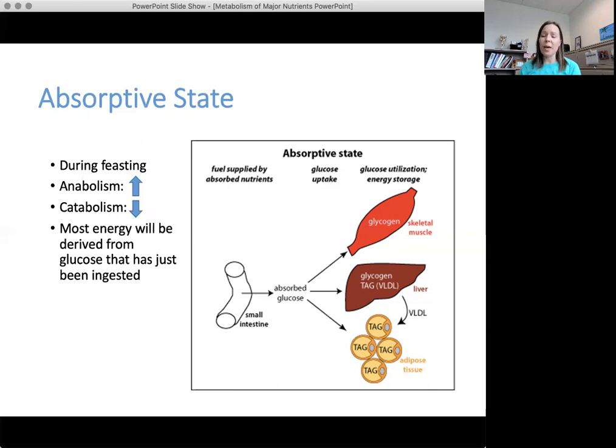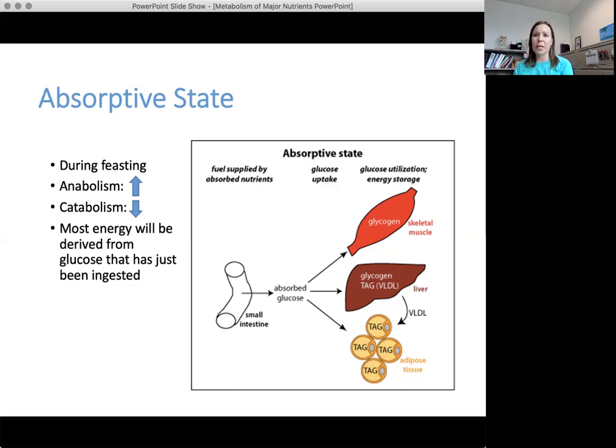The primary source of energy during this time is glucose. We're assuming that the meal that's been eaten is pretty balanced, so it does contain carbohydrates, fats, and some protein as well. At this point, fats and amino acids that have just been consumed are used to either make new proteins, or the fats are used to replace the ones that have been used up during a time when you haven't just eaten.